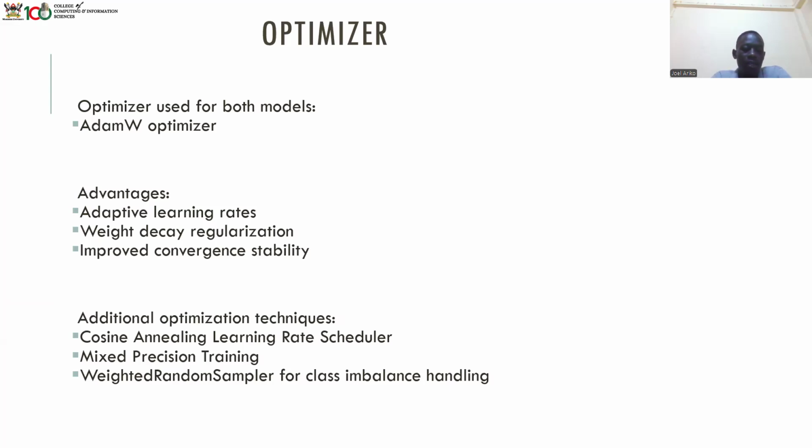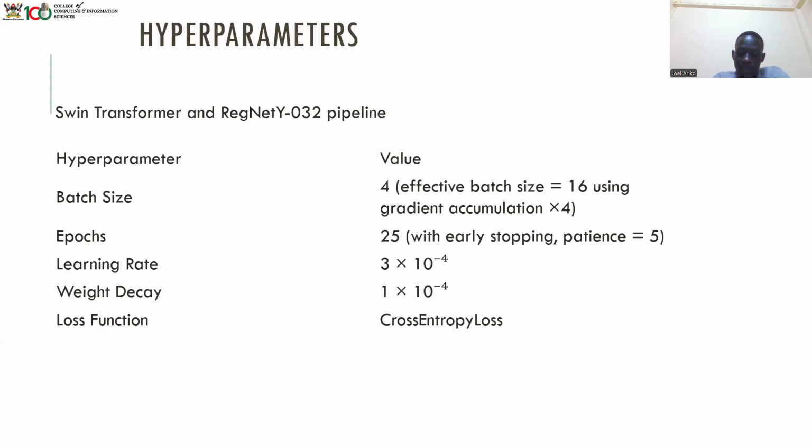Then for the weighted random samplers for class imbalance, it helps us deal with class imbalance through oversampling the minority class and undersampling the majority class, hence eliminating bias towards the minority class.